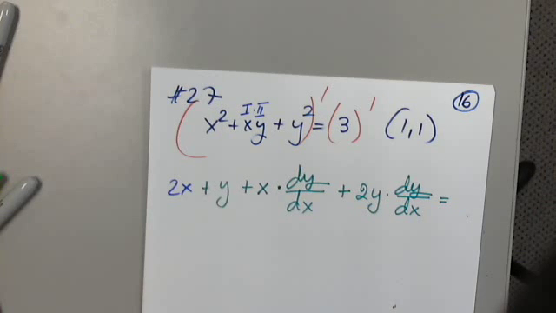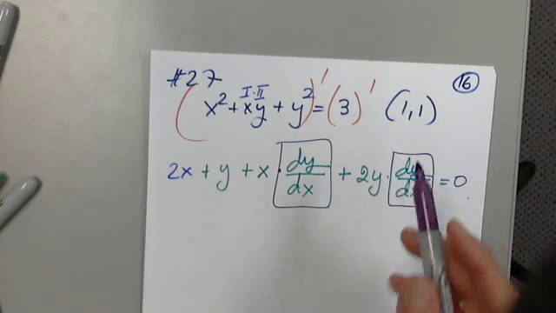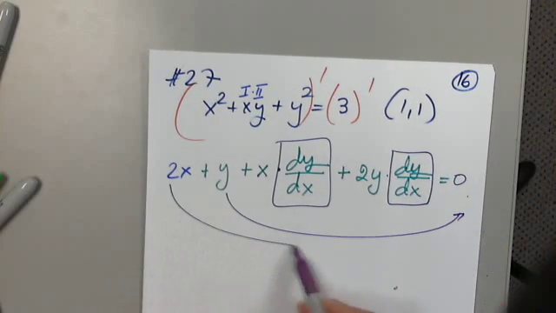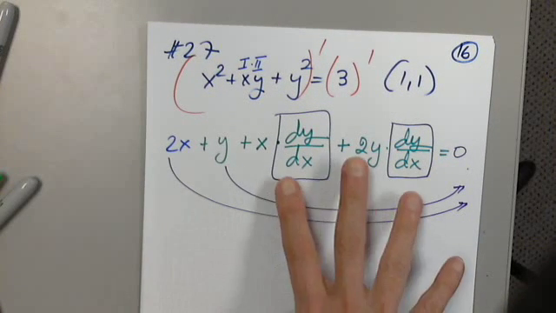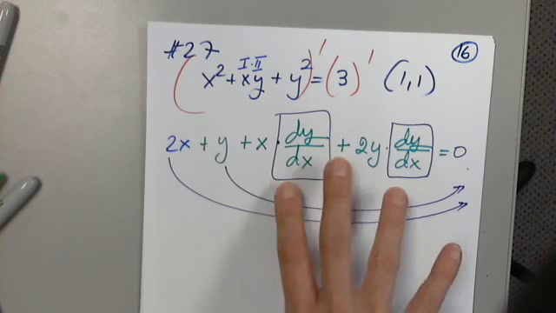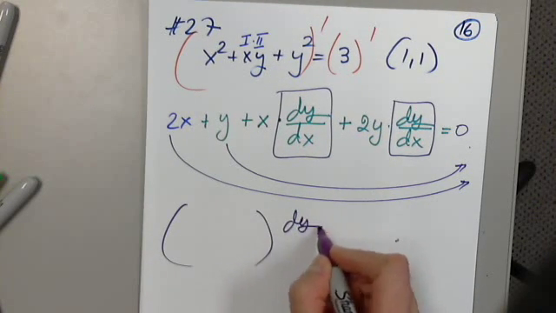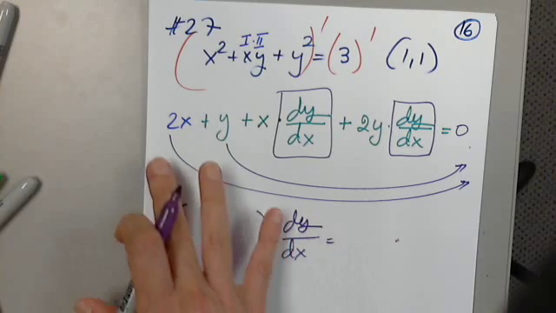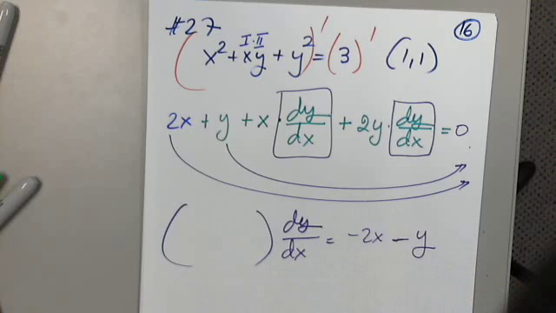Okay, so the right hand side is perfect. What am I after? I'm after this, and these two have to go. I cannot combine them, therefore I have to factor out the variable, which is dy over dx. I move 2x and I move y.